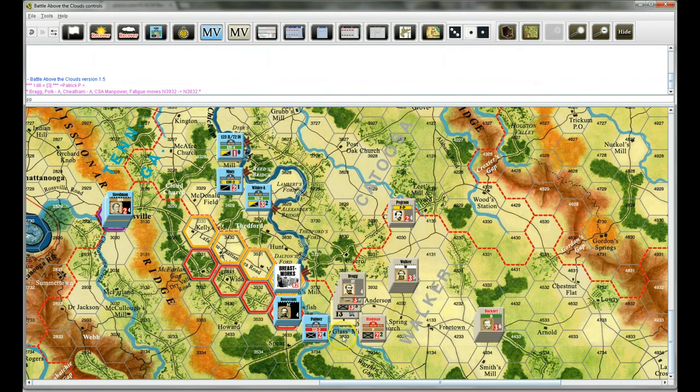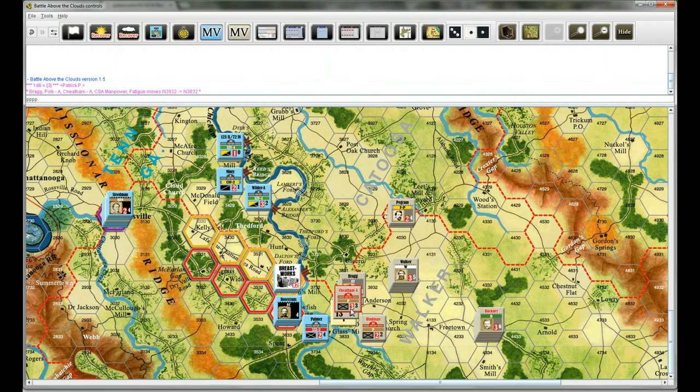So once they've arrived at this point, we can naturally assume that the marching unit, Cheatham's unit here, would decide that he is going to attack Palmer. So that first decision's made, and we will go ahead and set this up for an attack on the march.